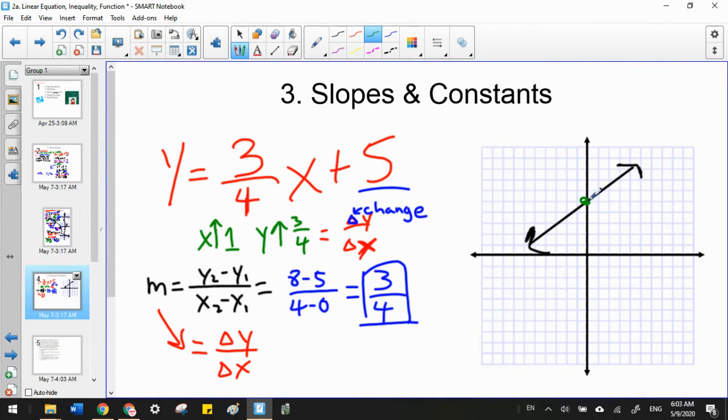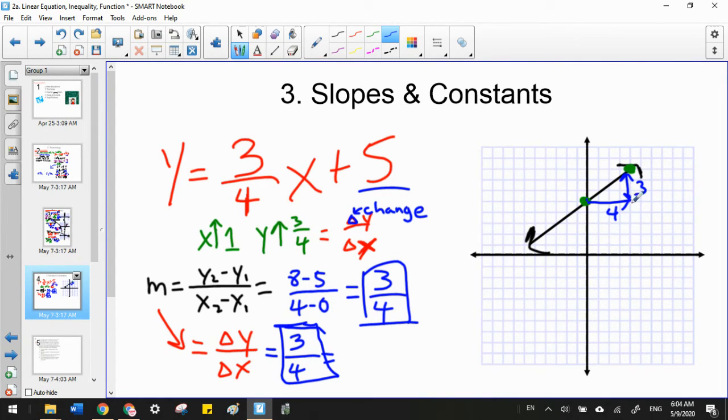So the 2 points that I had in my graph fully are these 2 points right over here. And if I think about how to get from this point to this point, I am moving right by 4 and then up by 3. Now, if I describe my delta y as a positive 3, delta x as a positive 4, I got to that slope doing way less writing, way less adding and subtracting, way less substituting.